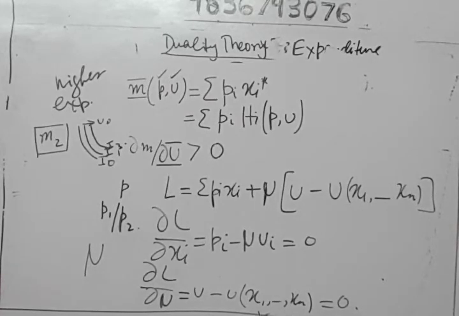So this Lagrange multiplier mu represents nothing but the change in minimized expenditure that is required following an infinitesimal change in the level of utility.